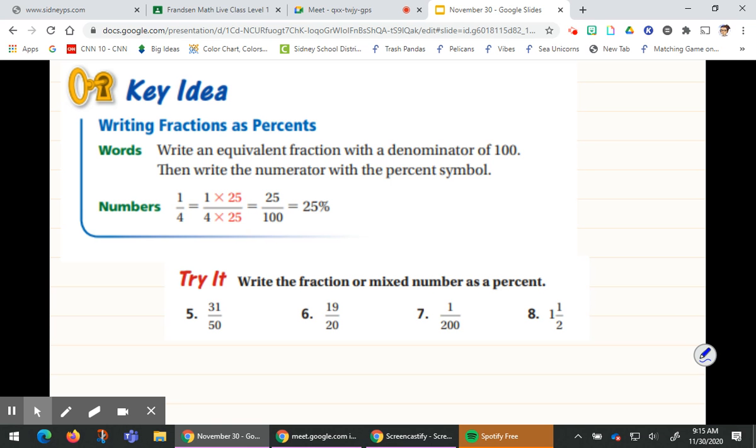So what would be our answer for number 5 if I wanted as a percent? 62%. Because all I'd have to do is multiply by 2 over 2, and I get 62 over 100, which really means 62%. Try number 6, please.